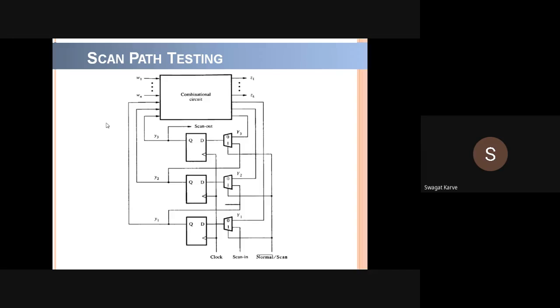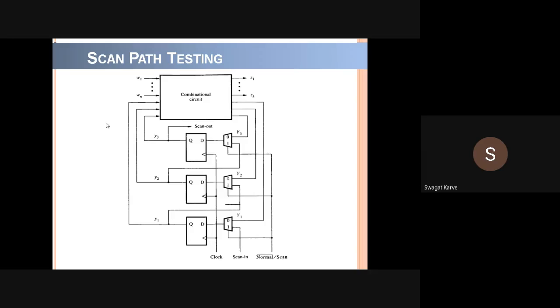So these are the three major techniques that are available with the sequential logic testing, right? Again I will repeat: scan path testing, built-in self test, and the third one, again that built-in self test has many sub techniques such as signature analysis, built-in logic block observer, linear feedback shift register, right?